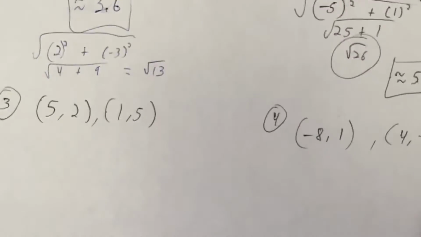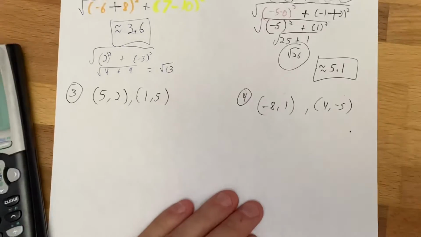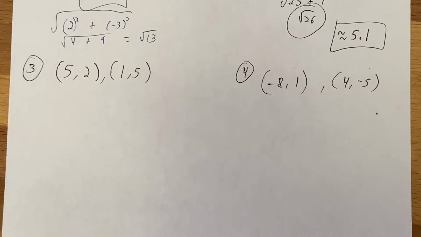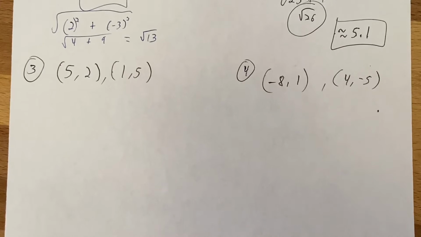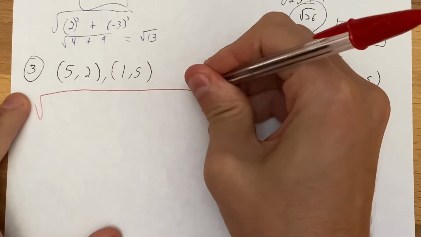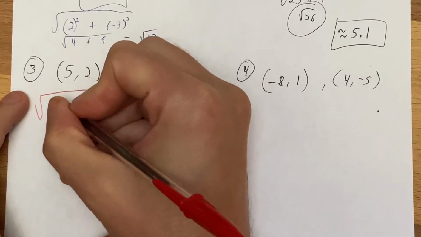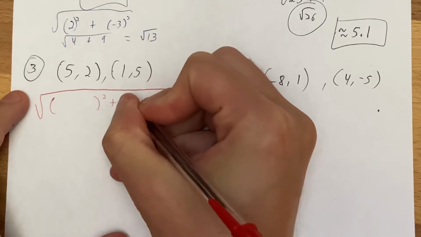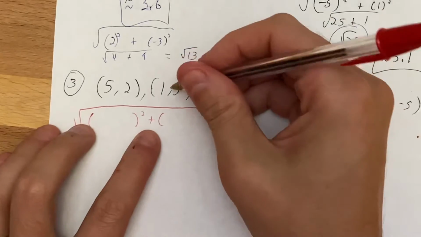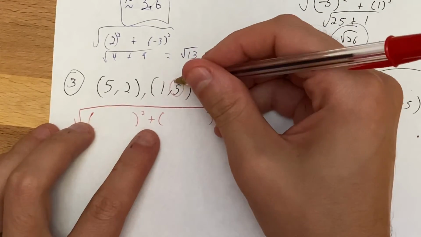Cool. I put 2 down here for you guys to try. So I would go ahead and try them. Or if you don't feel comfortable, then you can watch me do 3 and then try 4 yourself. Go ahead and pause, do that. So in the formula, I'll draw the big square root first this time. I'll go ahead and subtract the x's, 5 minus 2.